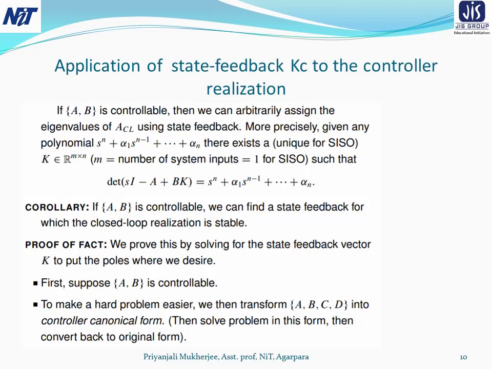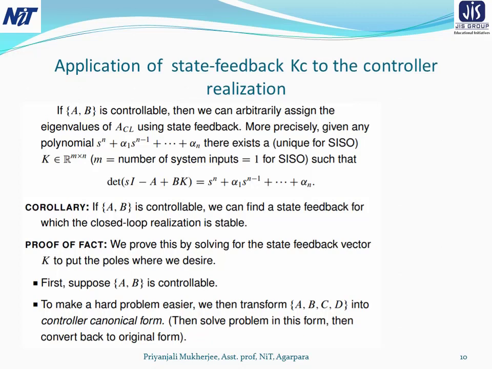Next is the application of state feedback K_C to the controller realization. First we consider that the system matrices A and B are completely controllable. Then we can put the eigenvalues of A_CL anywhere in the complex plane using the state feedback.